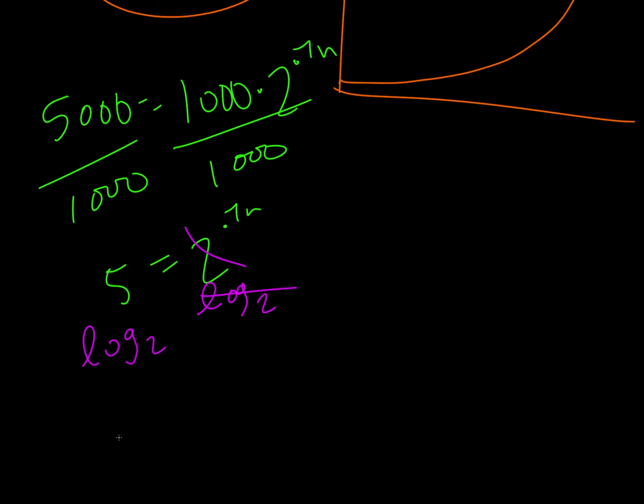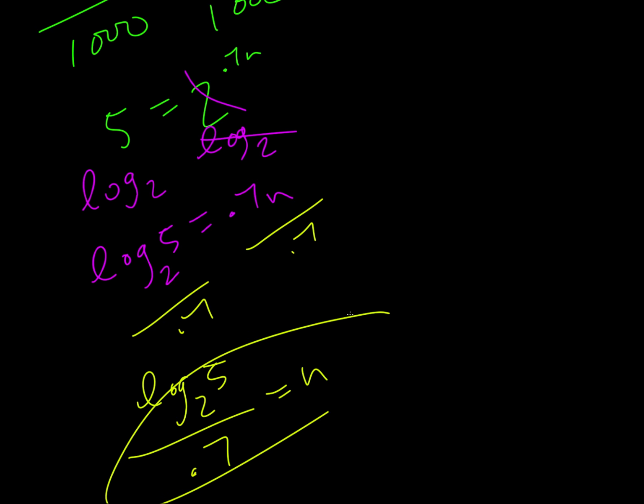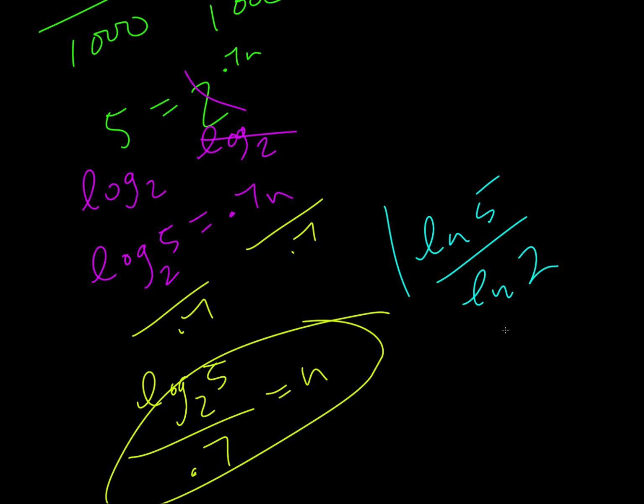So this cancels this, and so we have log base 2 of 5, which equals 0.7 n. And we divide by 0.7, divide by 0.7. And so we end up with log base 2 of 5 divided by 0.7 equals n. Okay, now we need to figure out what that is. So if we want to do log base 2 of 5, we'll figure that out first. So natural log of 5 over natural log of 2, and then all of this is divided by 0.7.